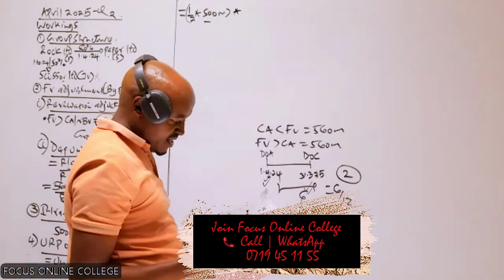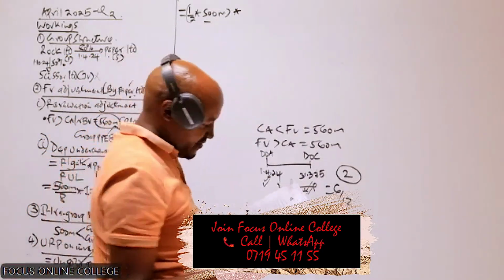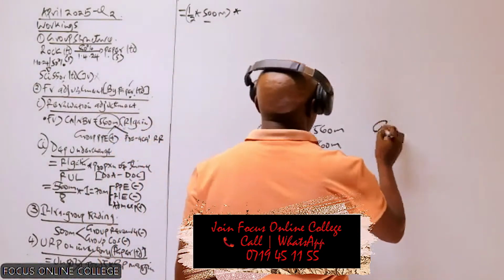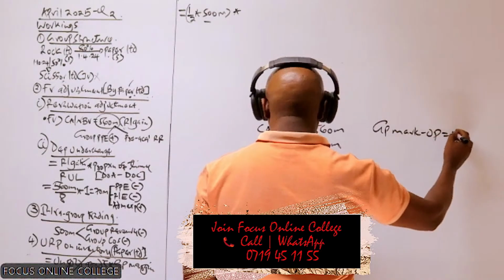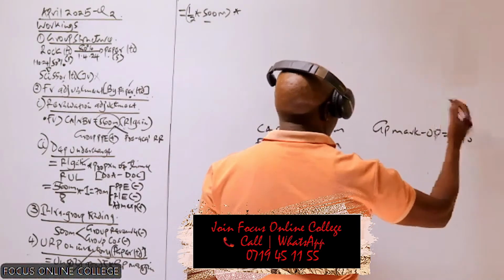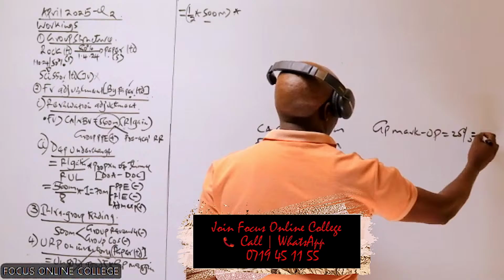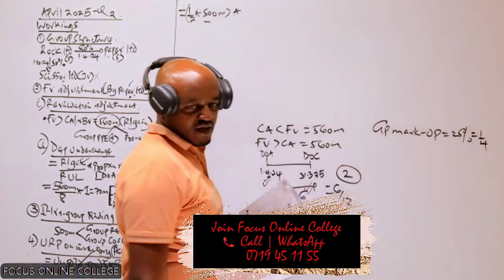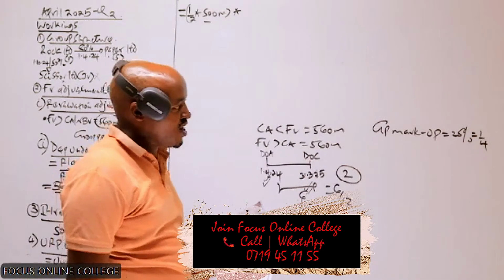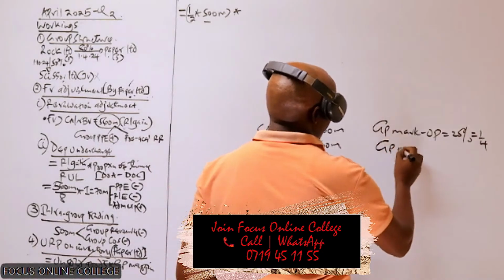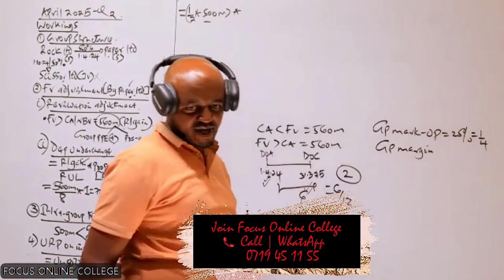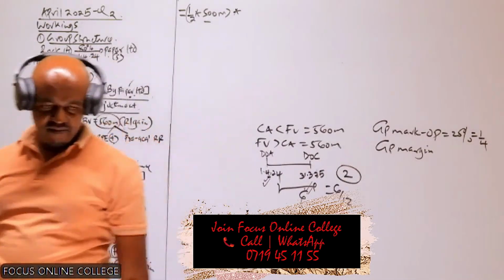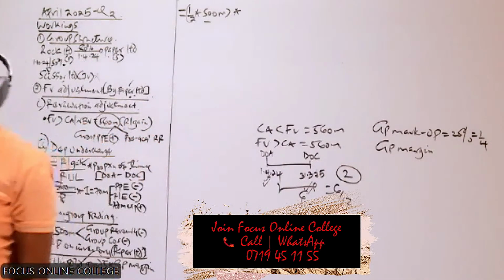The gross profit margin, is it given? No. What we are given in our question is the gross profit markup. Gross profit markup is 25%, which is the same as a quarter. Having this, can we determine the gross profit margin? Who can tell us what our gross profit margin will be? Gilbert says it will be 20%.